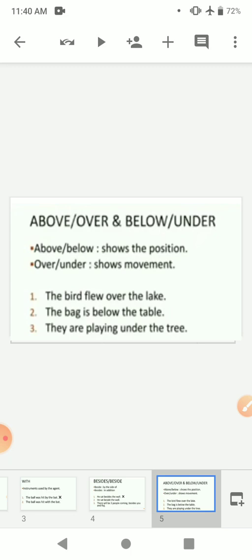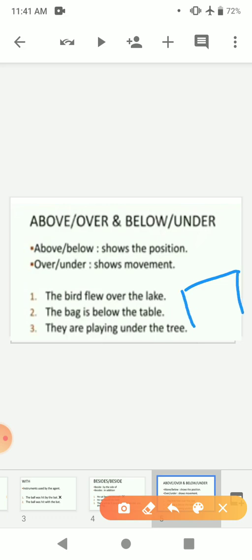So whenever a thing is lying on something, for example, a table is here. This is a table and a thing is here. Whenever a thing is above something and it's not actually touching it, in such cases we make use of above or over.